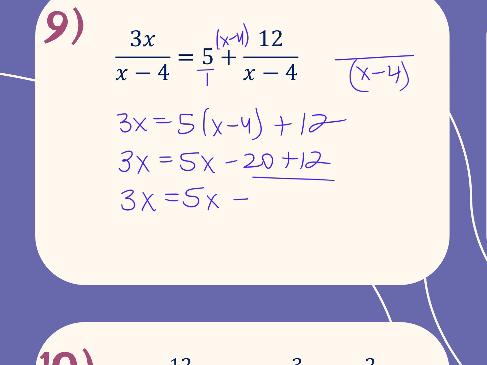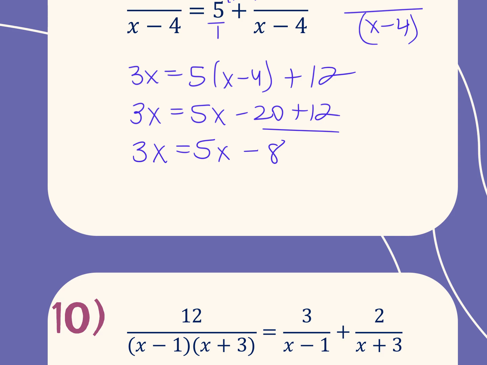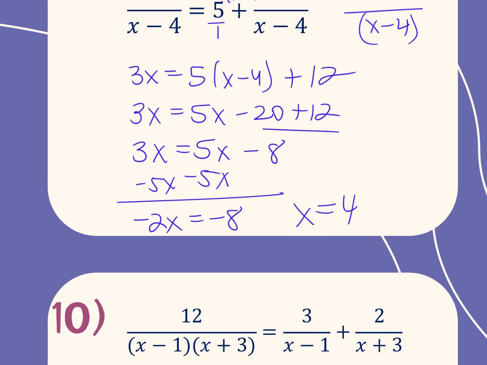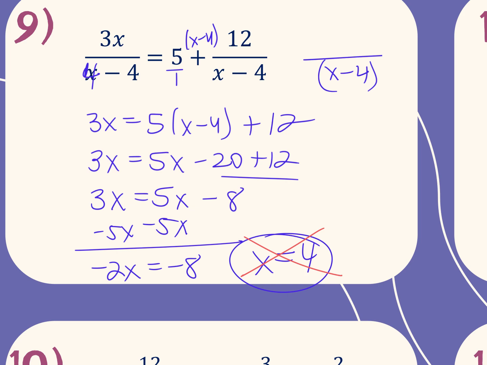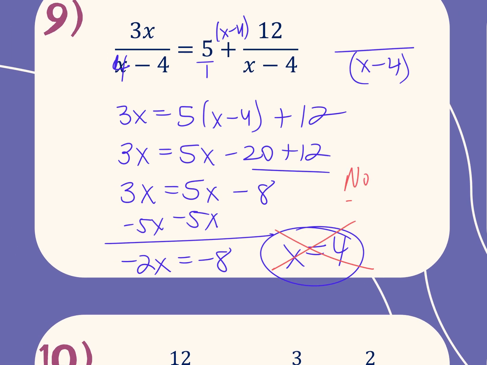What's negative 20 plus 12? Negative 8. So now I'm going to subtract 5x from both sides, right? So negative 2x equals negative 8. So x equals 4. What happens when I plug 4 right here, guys? It becomes 0. So then I cross this out. It's extraneous. And we write no solution.